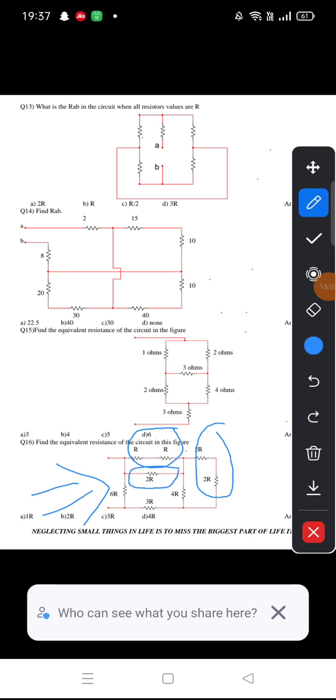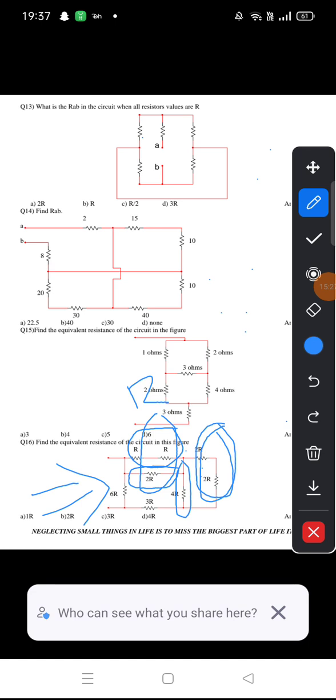Two equal values connected in parallel: when two equal values are connected in parallel, the resultant value is half. That means this total resultant value is R. So these 3 resistors are replaced by a single resistor R. After that, this 4R is in parallel with this 4R.